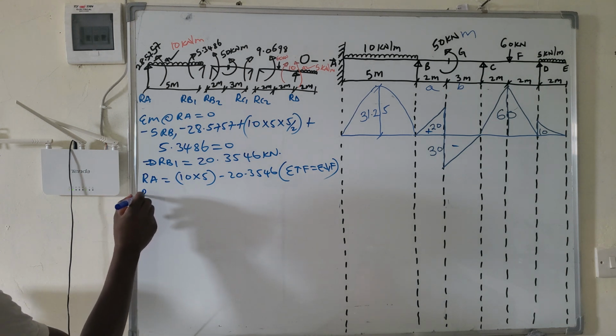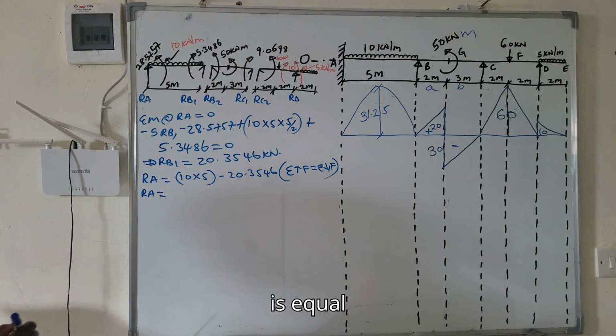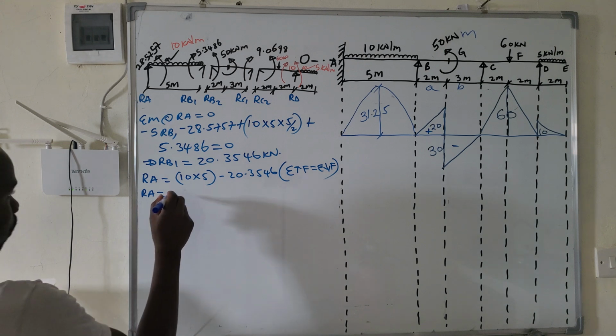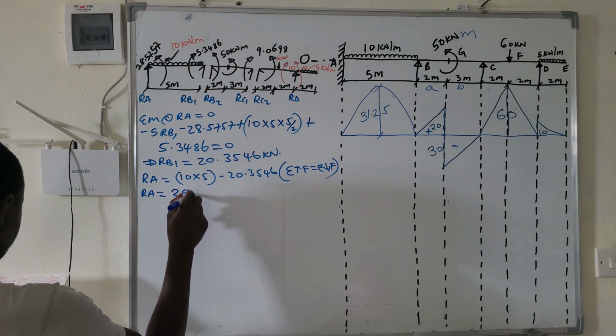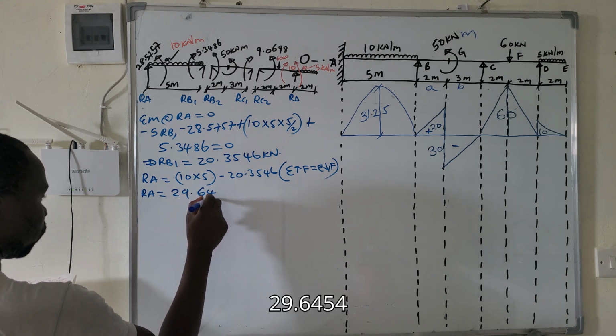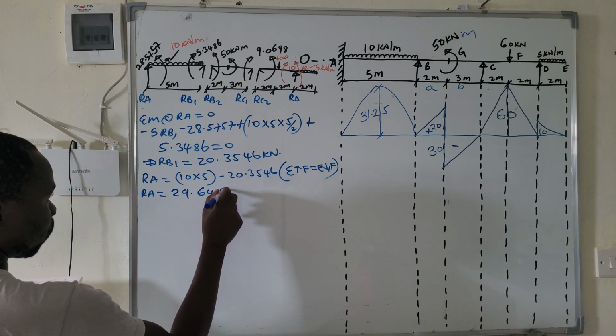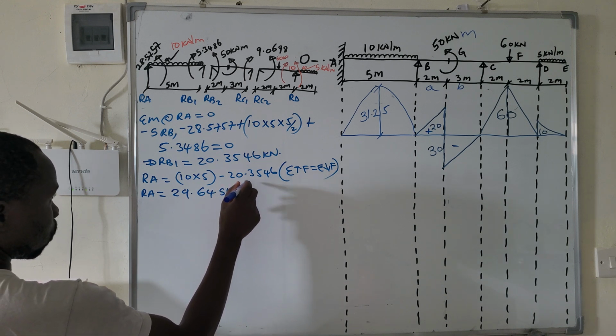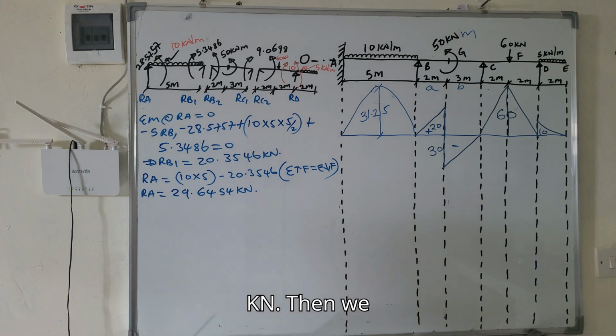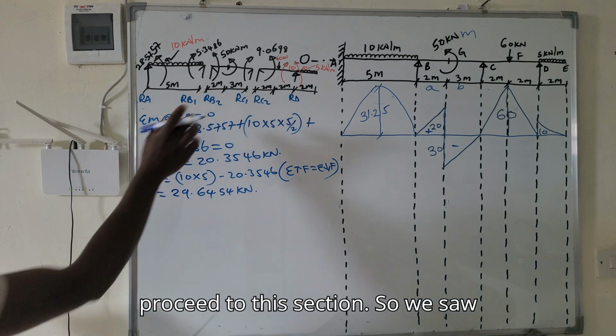So RA is equal to 29.6454 kilonewton. Then we proceed to this section.